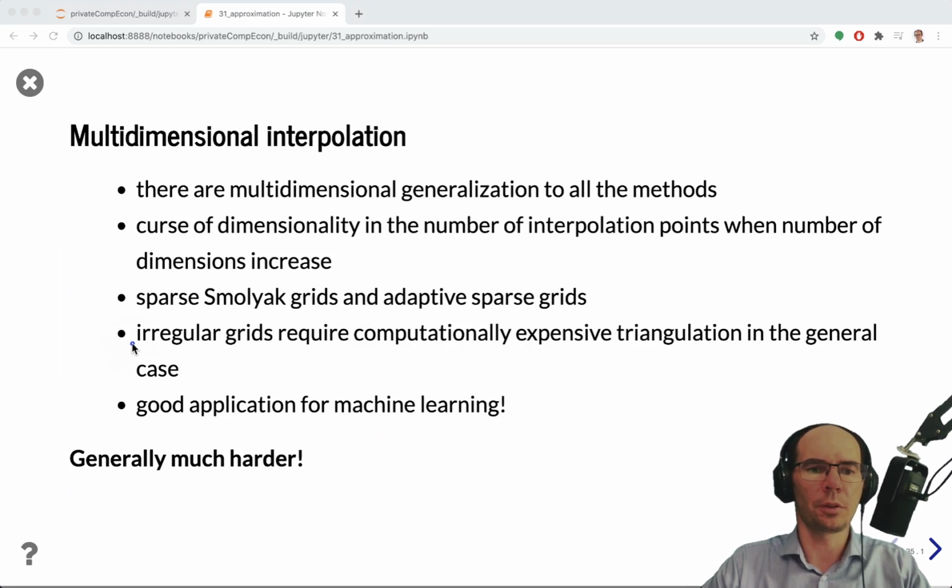Now, it's worth saying that if the grid is for some reason irregular, like we've considered here in one dimension, in multiple dimensions that becomes kind of a nightmare, because the general case requires what's called a triangulation, and that's very intensive computationally. But if you make a jump to a very high dimensional space, then machine learning is a promising approximation technique that is also being used more and more in economics.